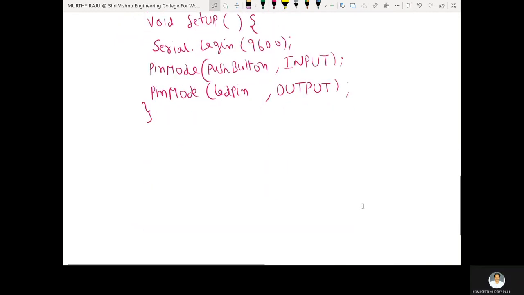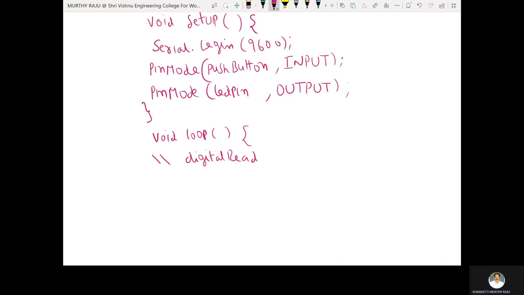Next one, void loop. Here, one more important function used here is digital read. Because here some input is there. Input to the push button from Arduino. That means here we use a digital read function.